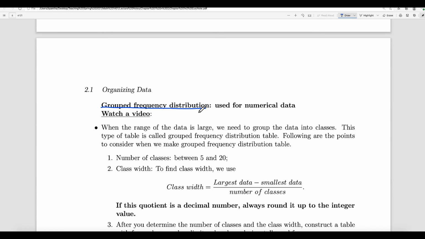Okay, for example, suppose that you are trying to study the average age of the people that died from COVID-19 in a certain county, or in a certain state. And then what you do is you pick a sample of the data, so you go to a certain county and pick a sample of, let's say, 20 deaths, and then record the age.